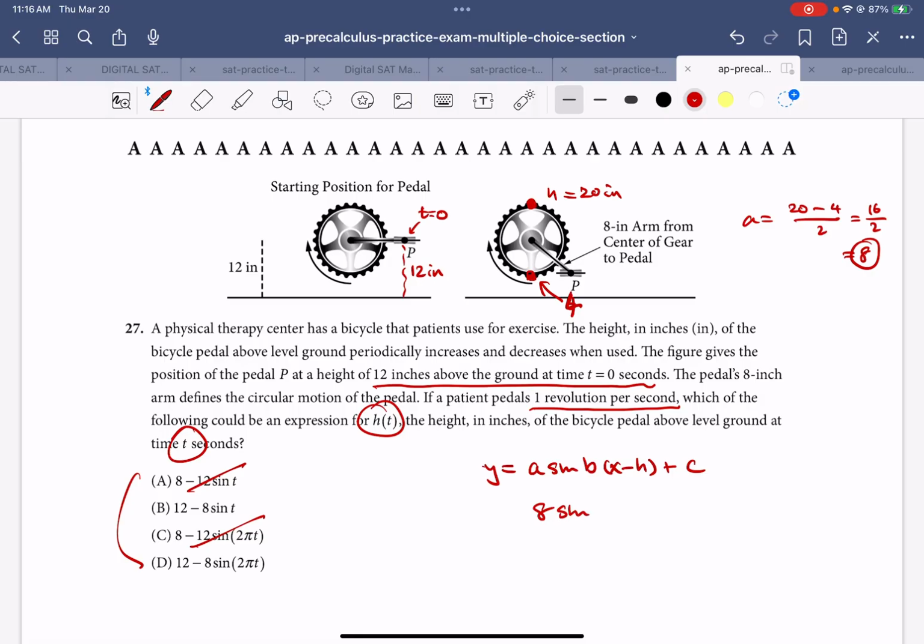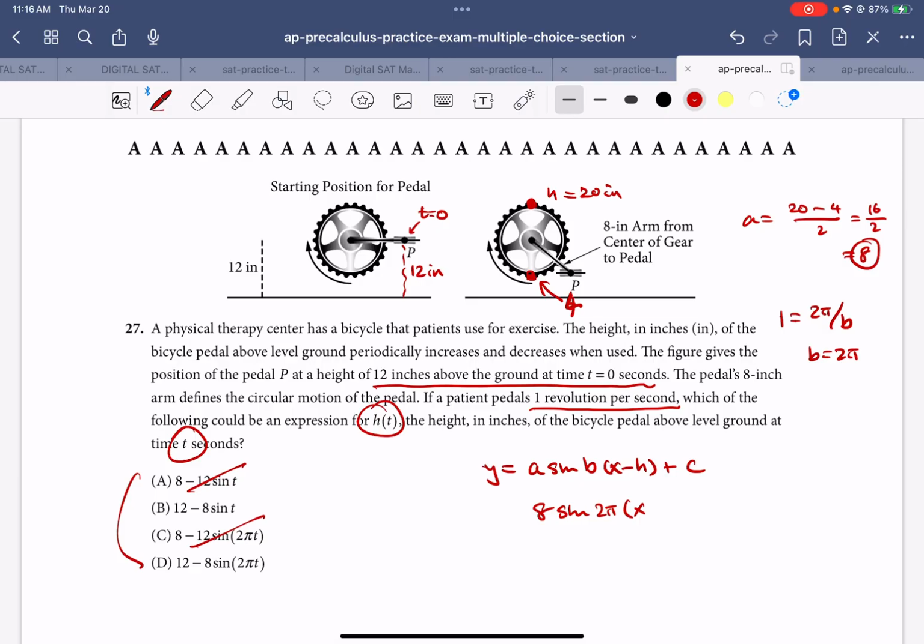What about the period? Okay, the period is 1 revolution per second, so which is basically 1, right? You can say 1 is 2 pi over b, so b should be 2 pi. Okay, so you have 2 pi here and x minus h. What is the h?